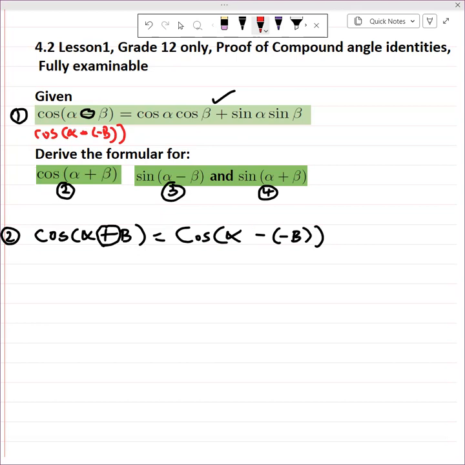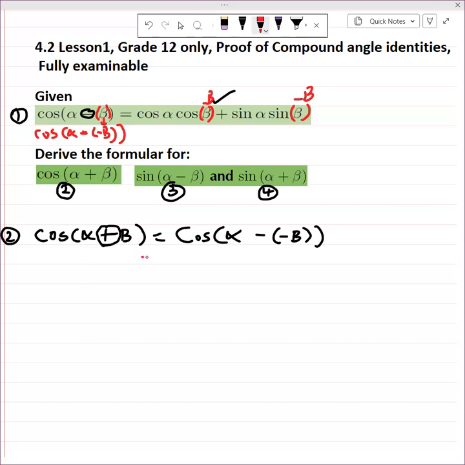If you check here, you are going to have the same thing. The only difference is that where there was beta is now negative beta. So basically we're just rewriting everything, but replacing beta by negative beta. Where there's beta, I'm going to put negative beta.